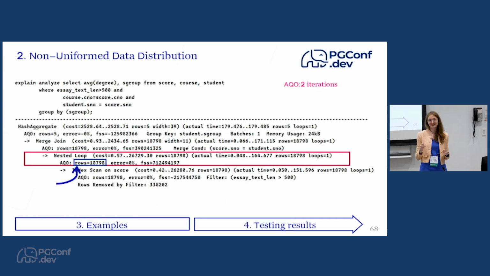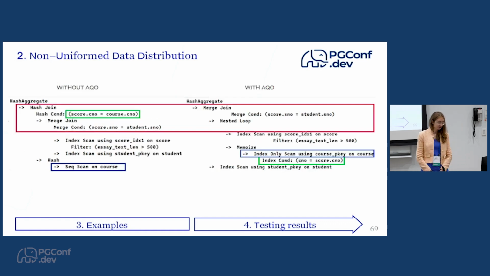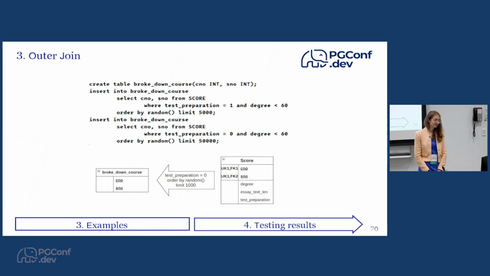But when AQO fixes the cardinality information, our query plan has changed. Our join condition was pushed down to the index-only scan node, and some nodes, like hash join and merge join, transformed to merge join and nested loop. So I think our query plan will become better.